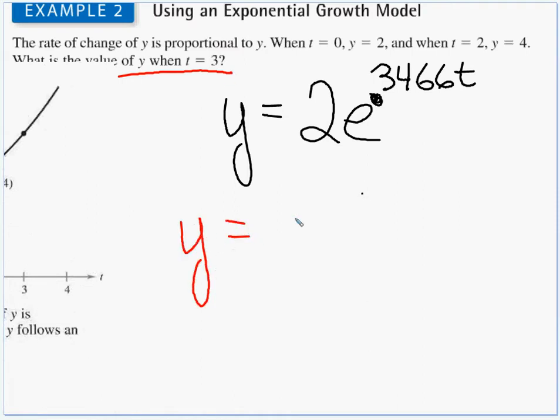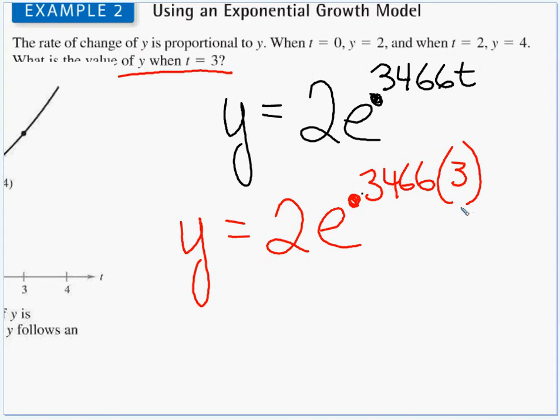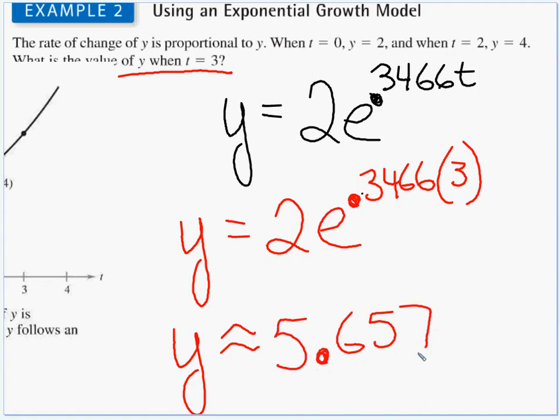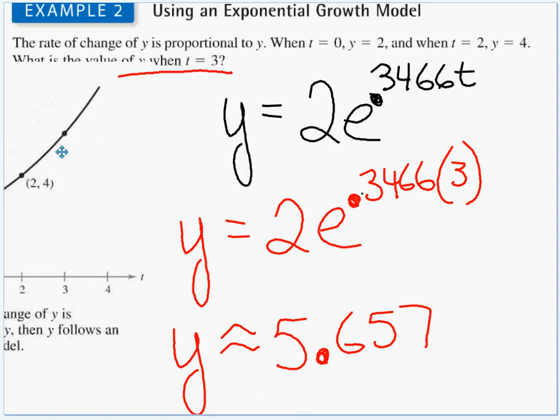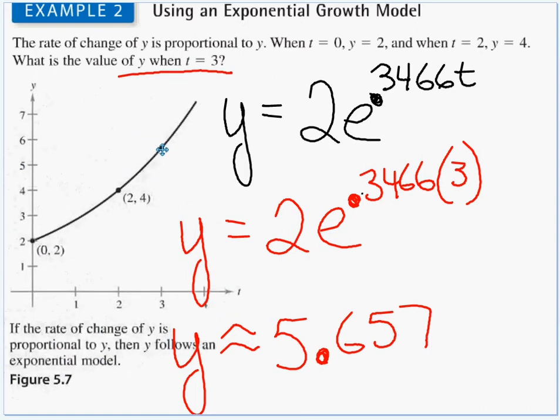So y equals 2e to the 0.3466 times 3. And we punch this in our calculator, and we get y is approximately 5.657. And if I use my graph just to gauge the reasonableness of the answer, it's definitely a number less than 6, a little closer to 6 than 5, and my answer makes sense.